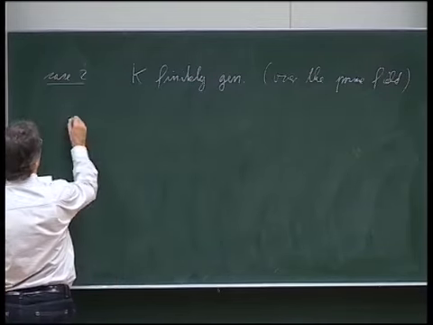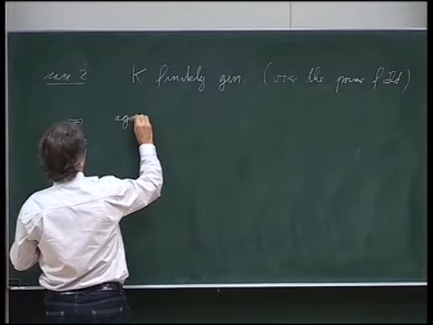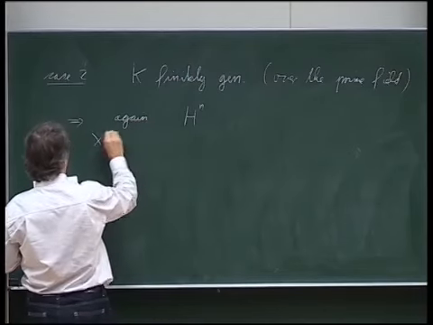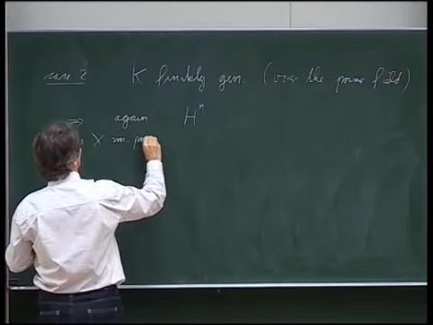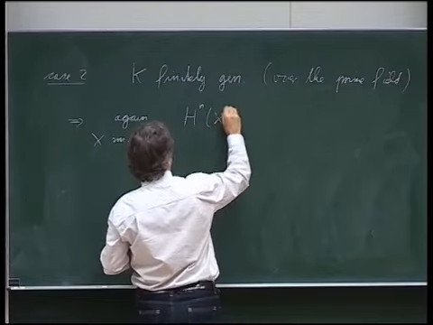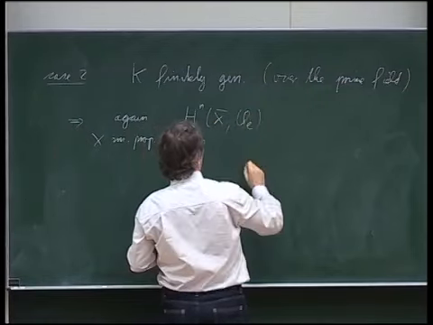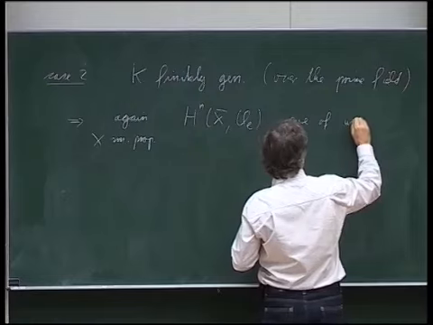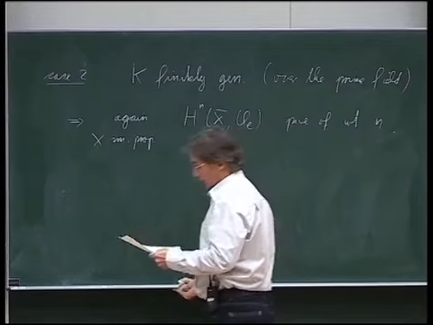Again H^n, for X smooth and proper, is again a Galois representation and is again pure of weight n. What does it mean?